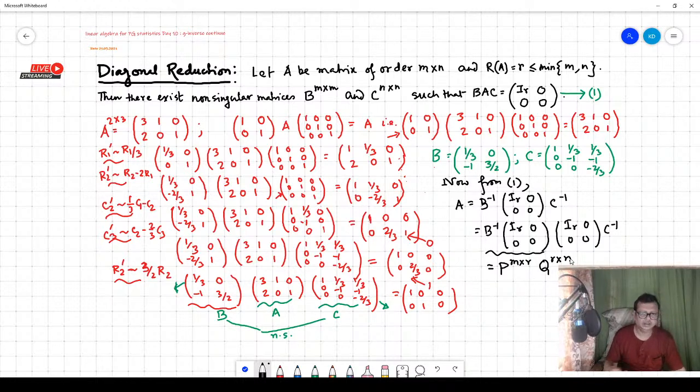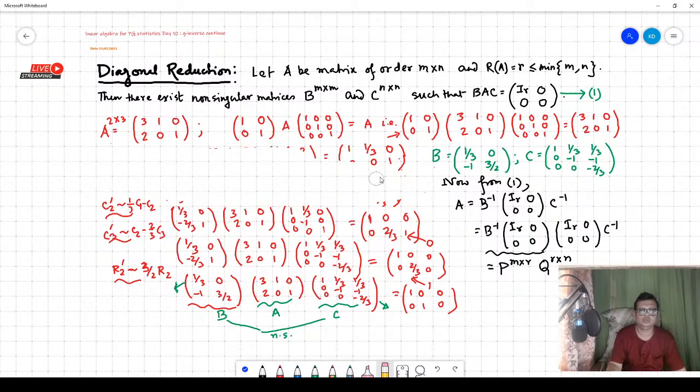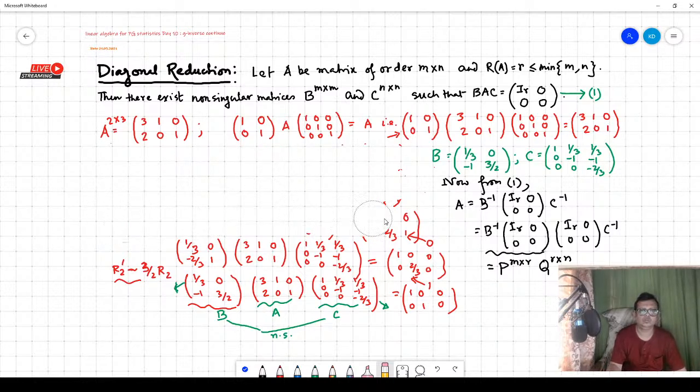Now first we find the inverse of the matrix B. So B inverse is equal to, you can check this, the determinant of B is simply half.